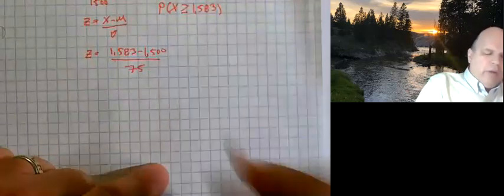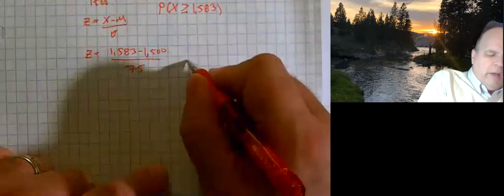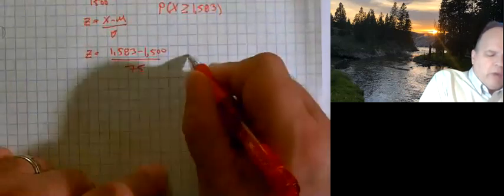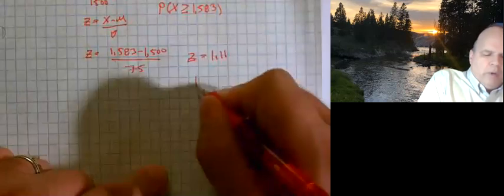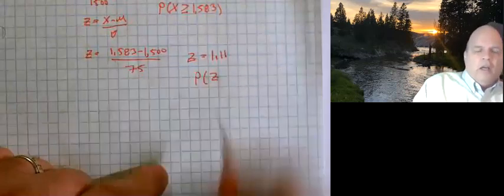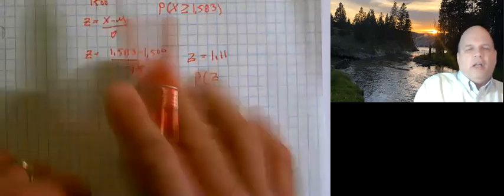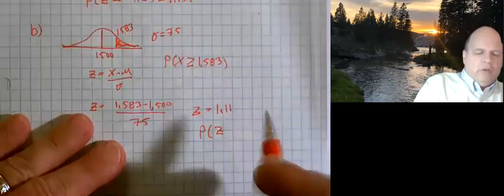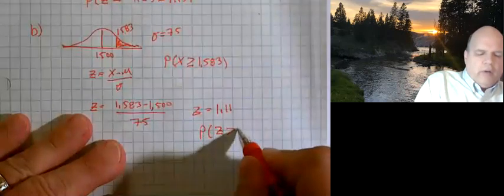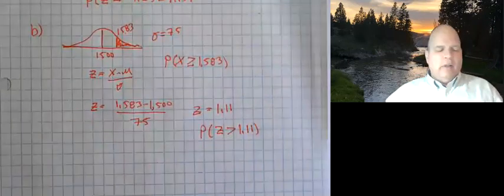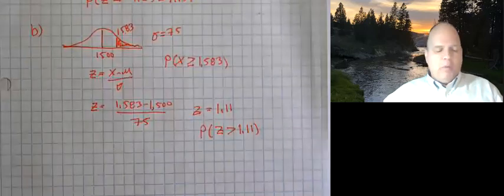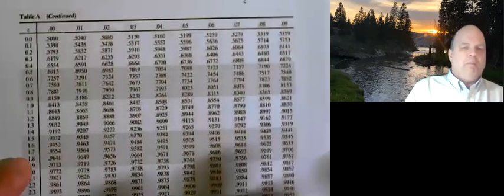So I'm ending up with a z-score approximately equal to 1.11. So I want the probability that z, and which way did I shade? I shaded up. So I want the probability that z is greater than 1.11. So first off, let's look up 1.11 on the z table, all right?